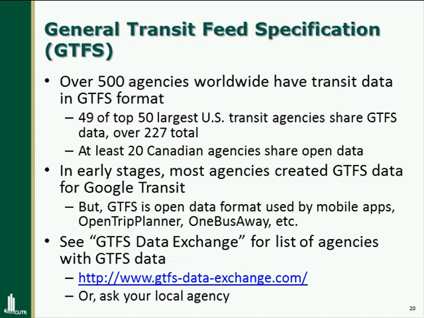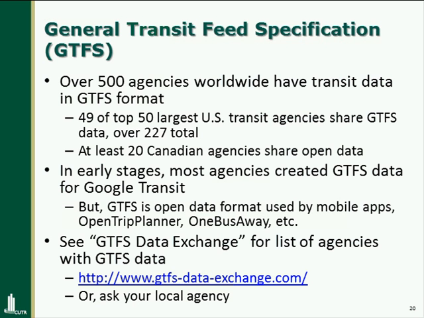In the early stages, most agencies created this GTFS data set because Google offered their free transit trip planner to anyone who would put their data in this format. But GTFS has emerged to support all types of third-party applications. As I mentioned earlier, Google Transit is just one example of a third-party solution.